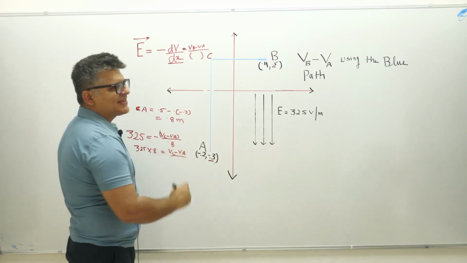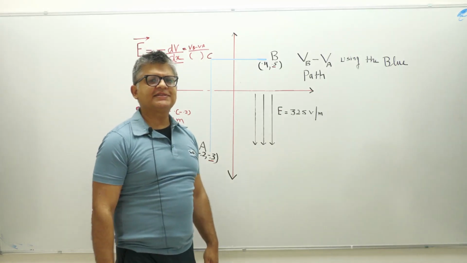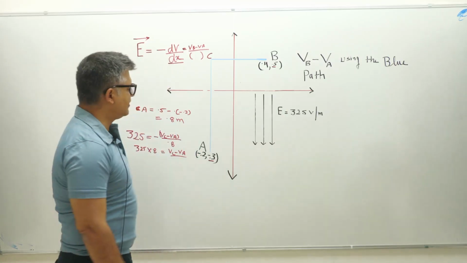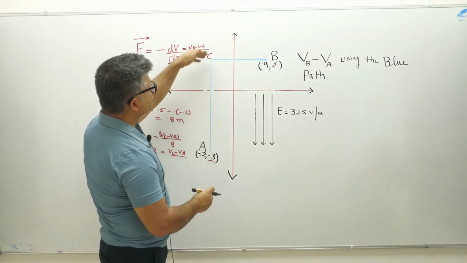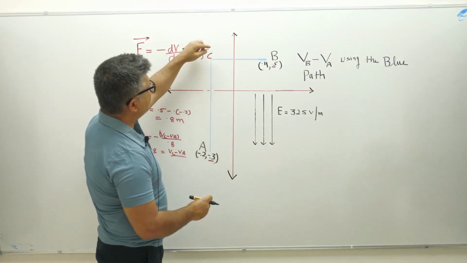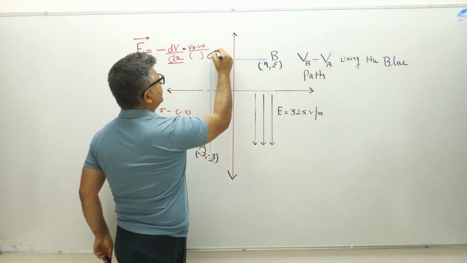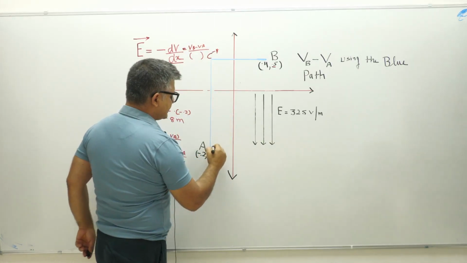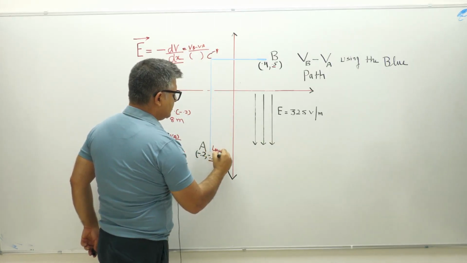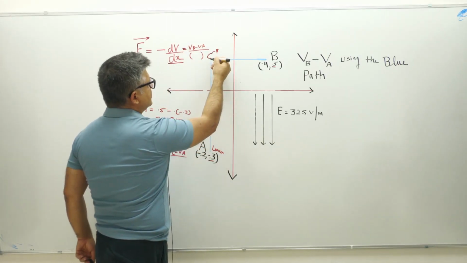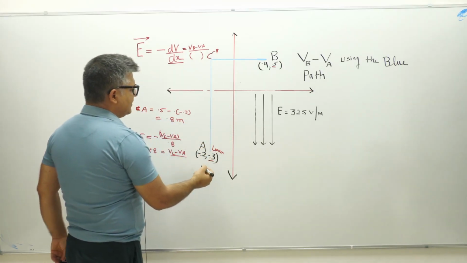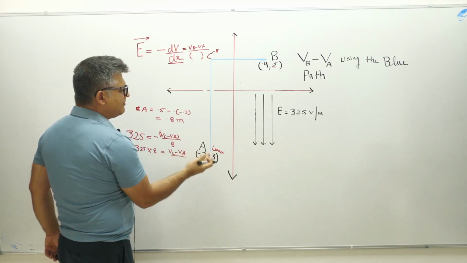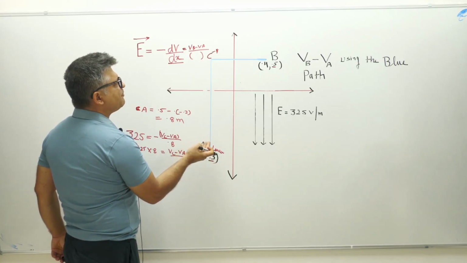Now, this is a scalar, remember. And therefore, if I'm moving from A to C, and my potential here is higher, this is at higher potential, this is at lower potential. I'm moving from C to A, my distance covered is 0.8. My change in potential is positive, right?